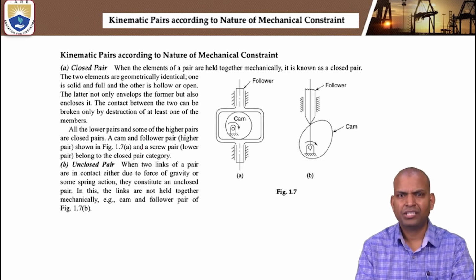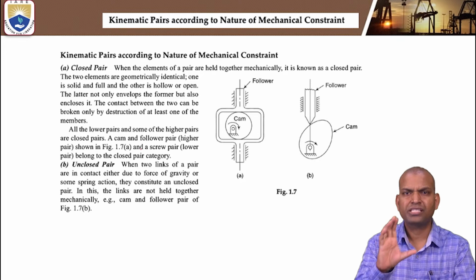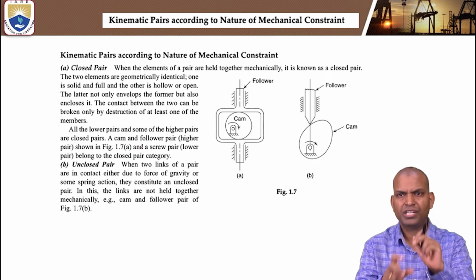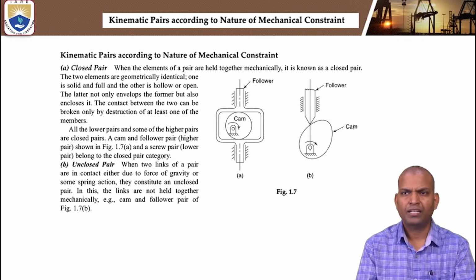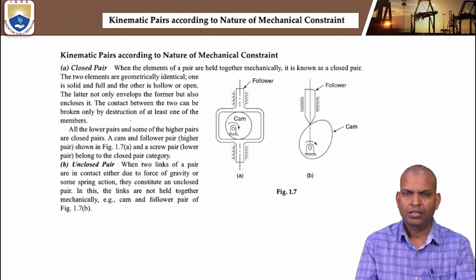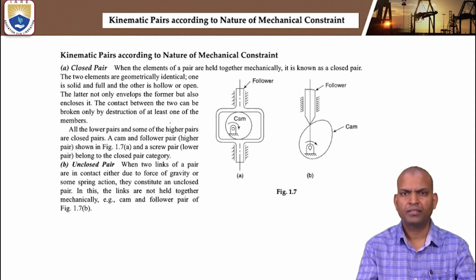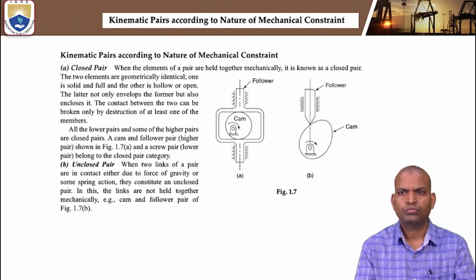Mechanically constrained means we are restricting the motion of one link relative to another link. Between the links it is completely constrained motion, no matter how much force you apply. So here there are two types of pairs: number one, closed pair, and number two, unclosed pair or open pair.